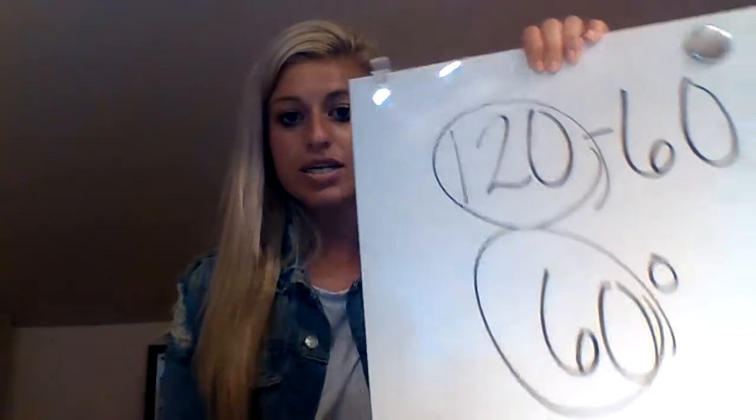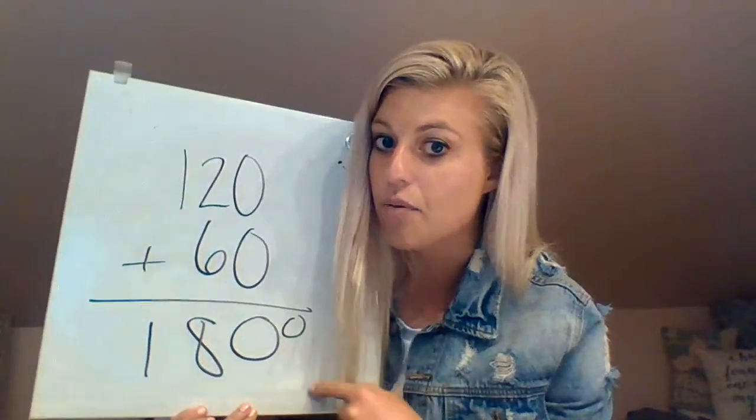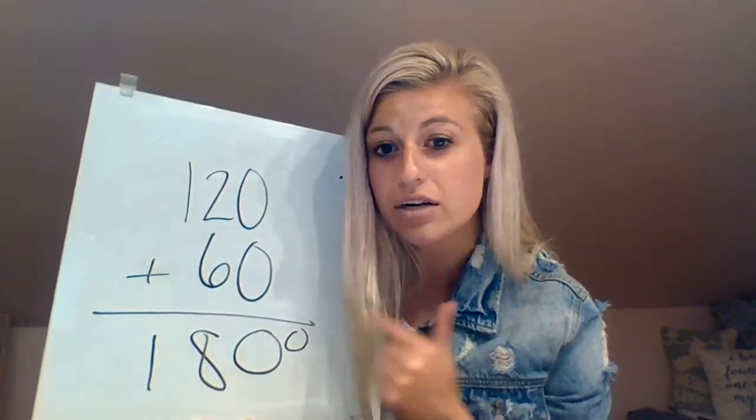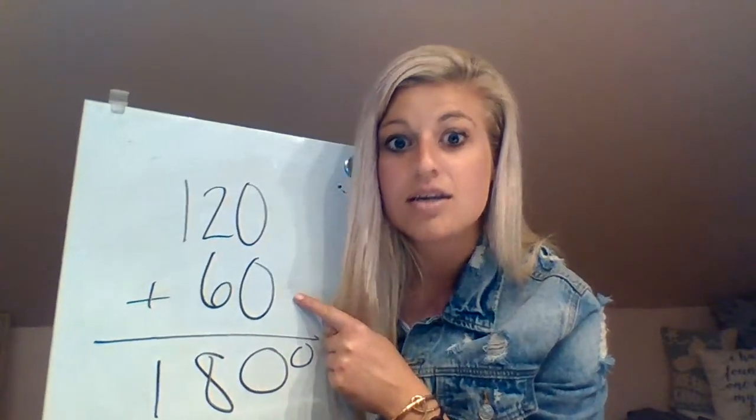Hopefully you're thinking addition. So let's check our answer. Let's say that we do 120 plus 60. Oh my goodness, I don't know about you, but I got 180 degrees. So is our answer right? Is 60 correct? It is.